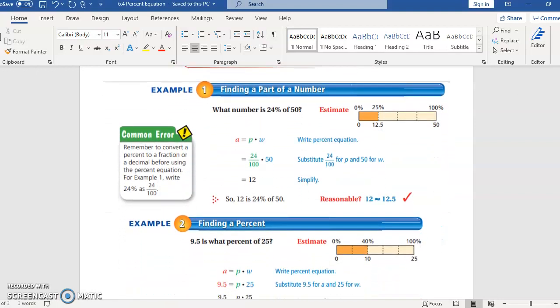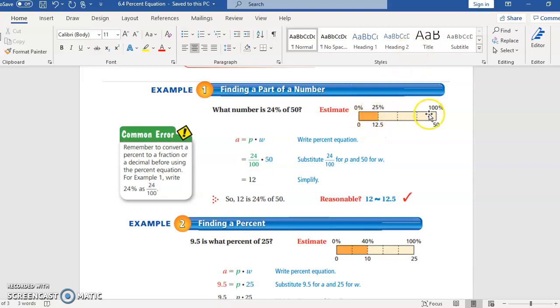Example 1, finding a part of a whole. What number is 24% of 50? So here's your equation, A equals P times W. 24%, any number with the percent sign is the percent. So you can either put 24 over 100, or remember you can also write it as a decimal, which is 0.24.